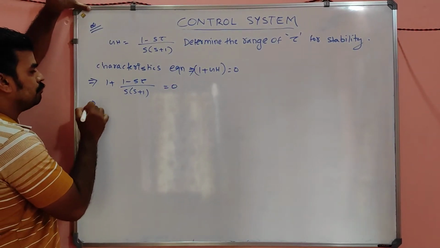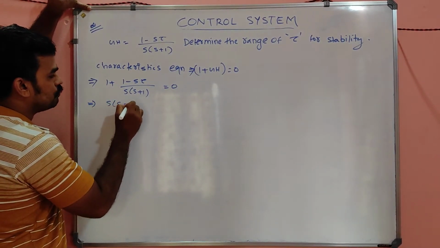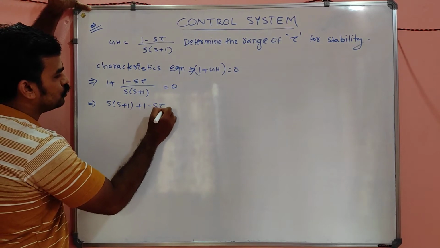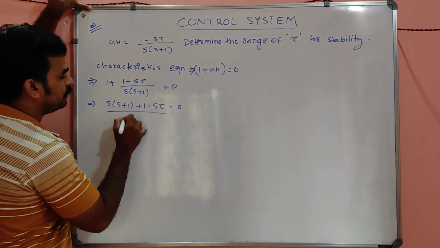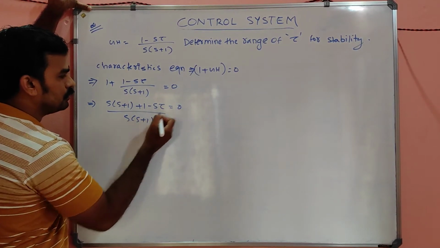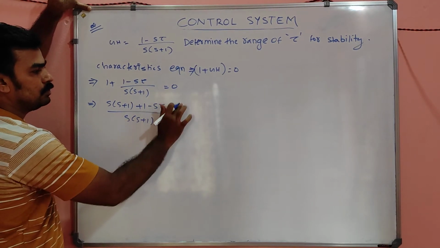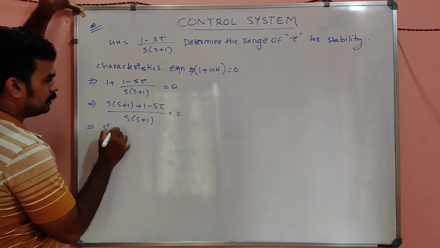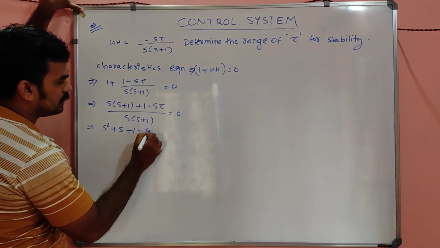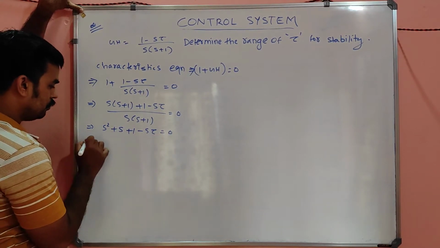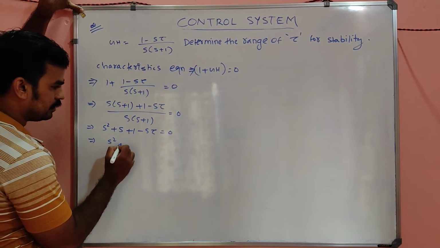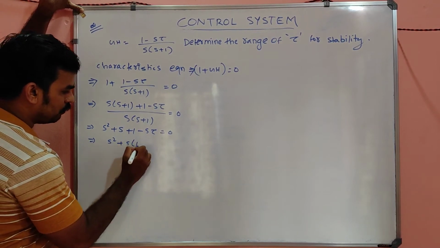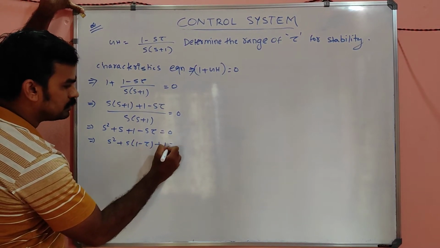So, which implies S into (S plus 1) plus (1 minus S tau) divided by S into (S plus 1) equal to 0. Or simply I can say S square plus S plus 1 minus S tau equal to 0, which implies S square plus S into (1 minus tau) plus 1 is equal to 0.